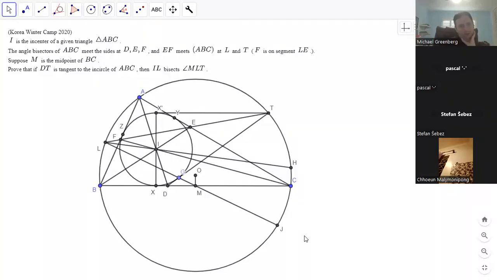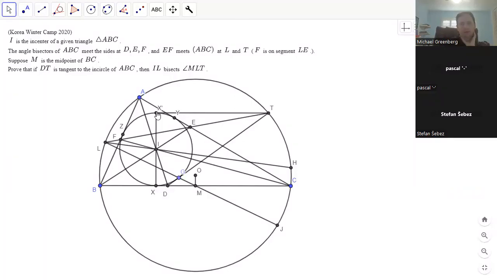Pretty interesting diagram. So yeah, it's like you take the topmost point and then you draw the tangent.